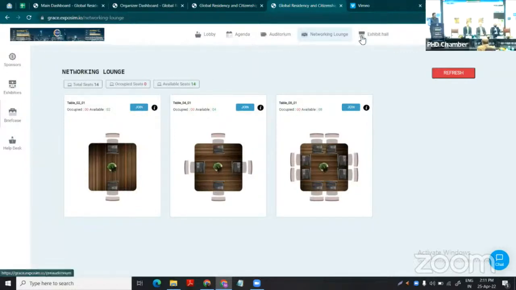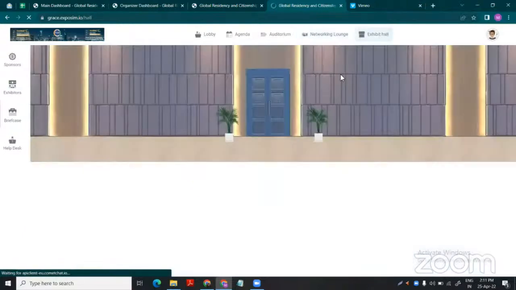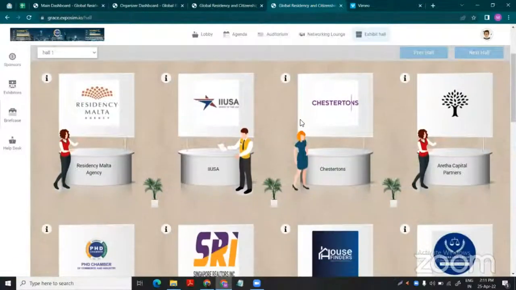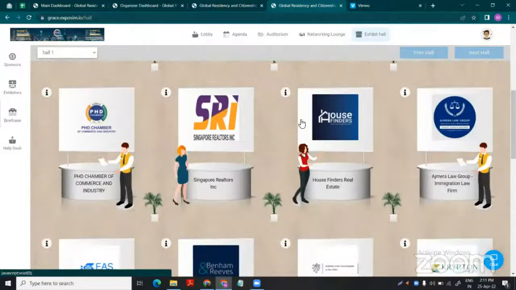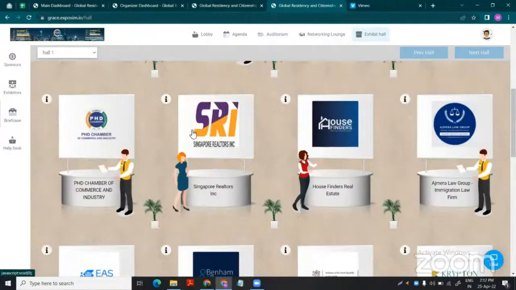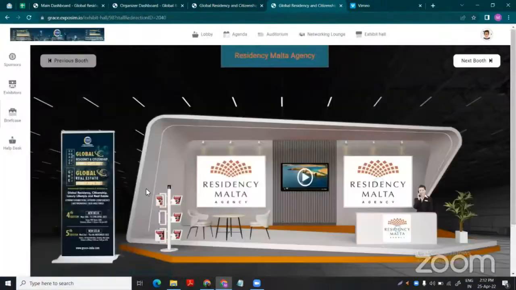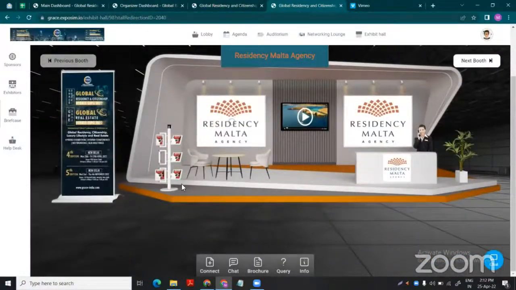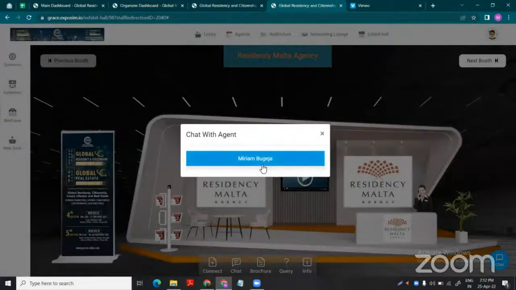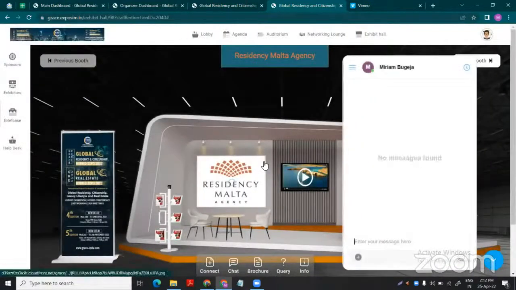Exhibition hall. So this is the exhibition hall where you will find all the participating companies. To visit a booth you just have to click on the booth and you will see the booth of that company. As you see, there is a bottom panel where you can use all the things. By clicking on chat and selecting the agent you can chat with that booth agent.